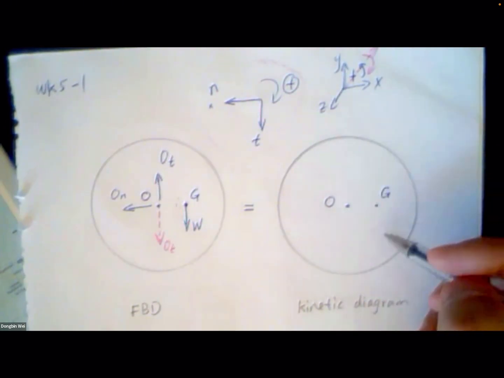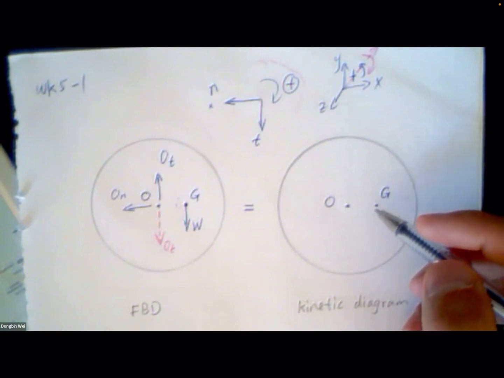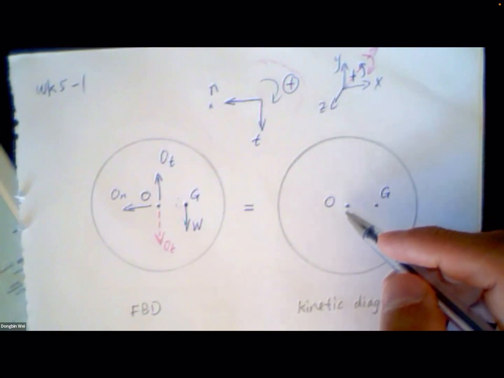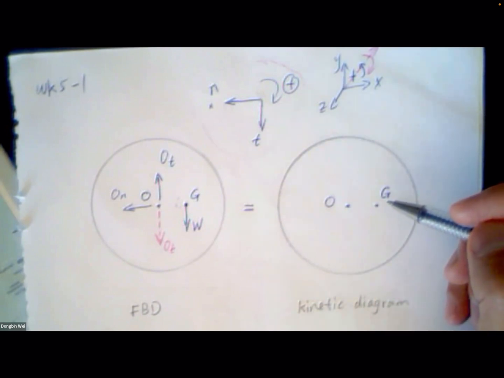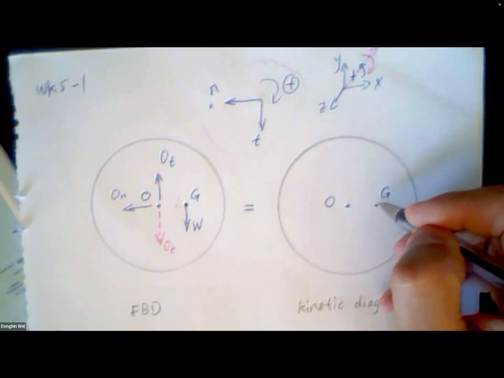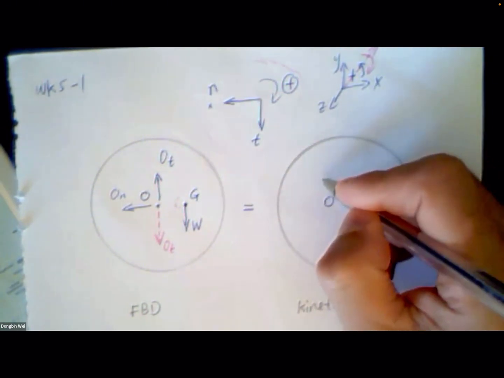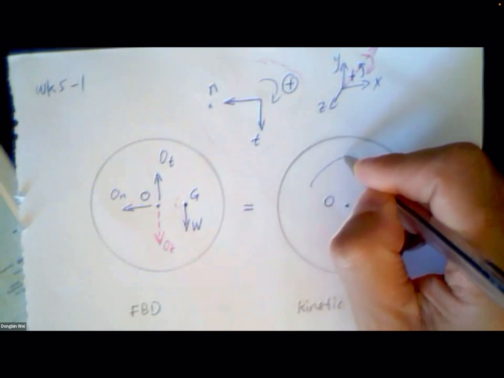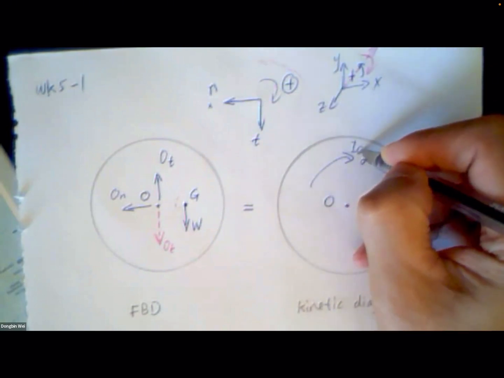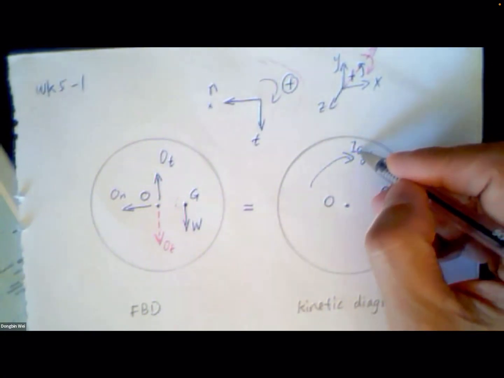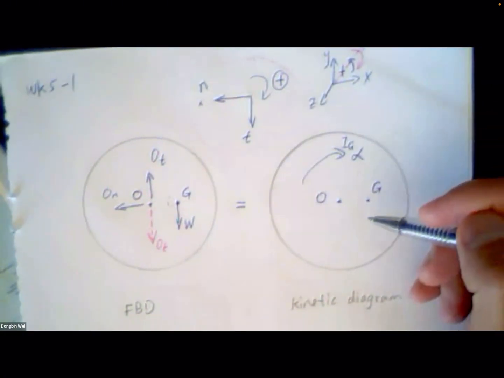Now, for the kinetic diagram, we will need to indicate alpha and AG. AG is unknown, alpha is unknown, so I just assume these two positive. So for IG alpha, positive should be clockwise.